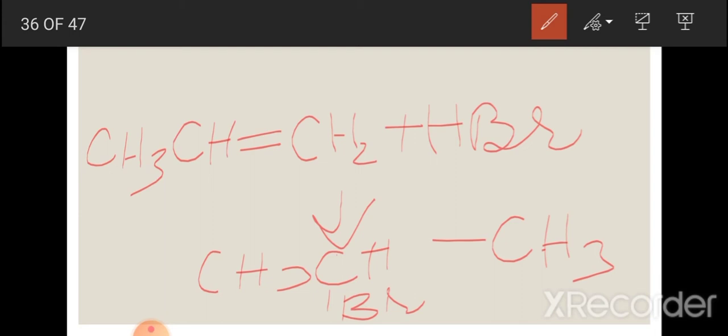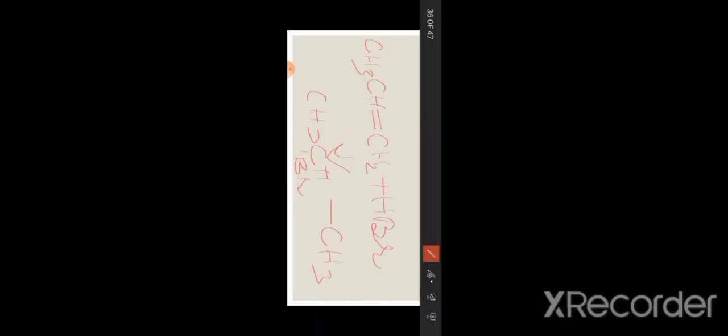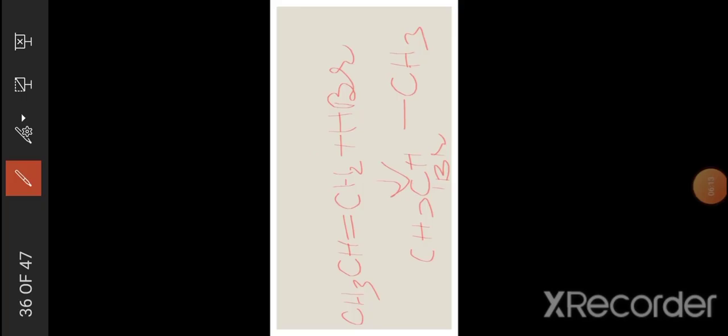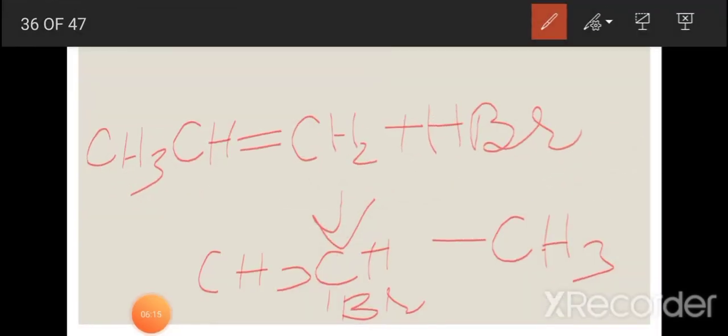The addition of unsymmetrical reagent. The unsymmetrical reagent here is hydrogen bromide. It will attack the unsymmetrical alkene. Here the unsymmetrical alkene is propene. And now in this hydrogen bromide, bromide will be delta negative.